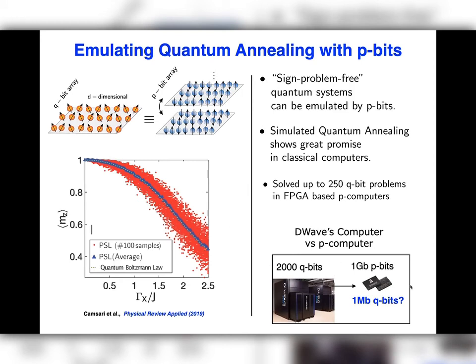The key point to note here is that if you take the 1 gigabit MRAM and make it into a 1 megabit qubit emulator, then you can really do what D-Wave does at a much bigger scale at room temperature. This is the key point about why scalability of p-bits is so important.